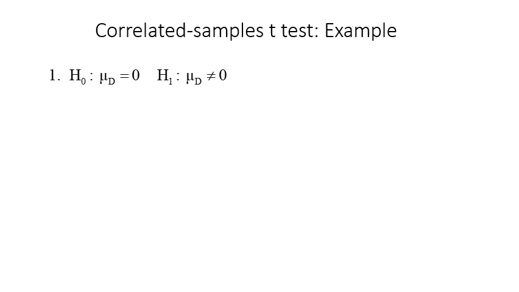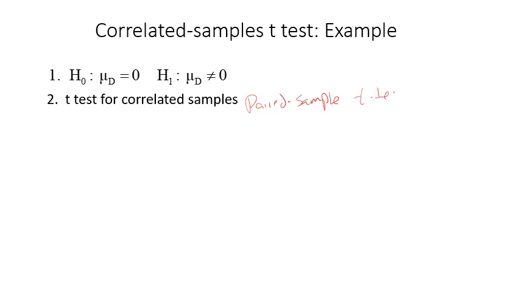Our alternative hypothesis is that there is a difference, so the difference is not 0. This is a paired t-test for correlated samples, or a paired samples t-test.